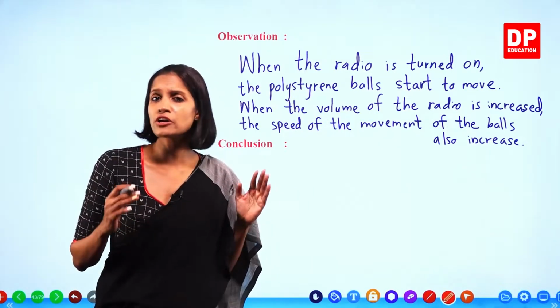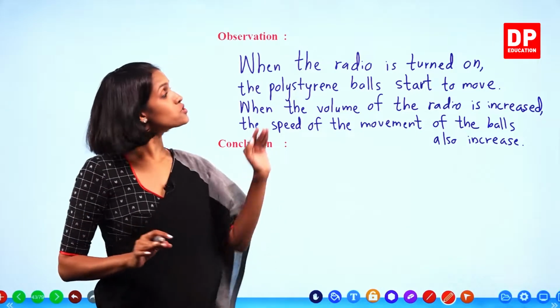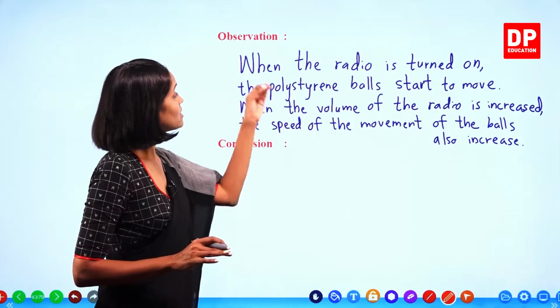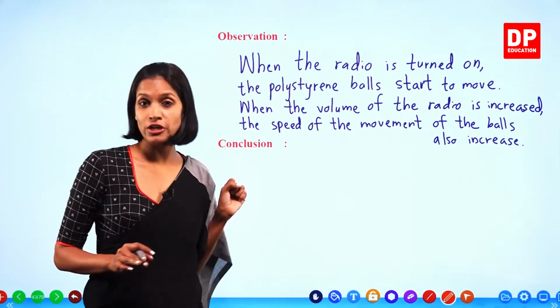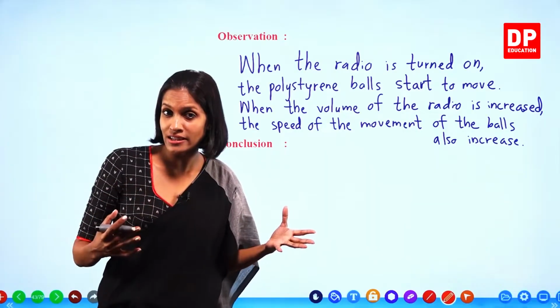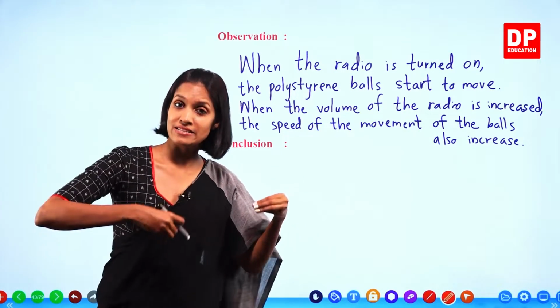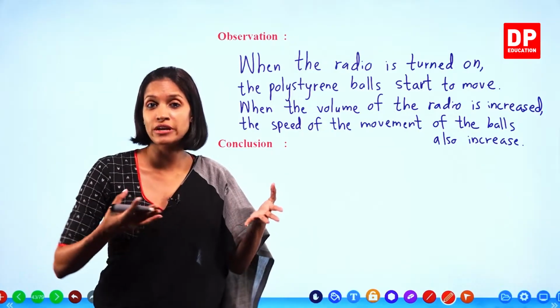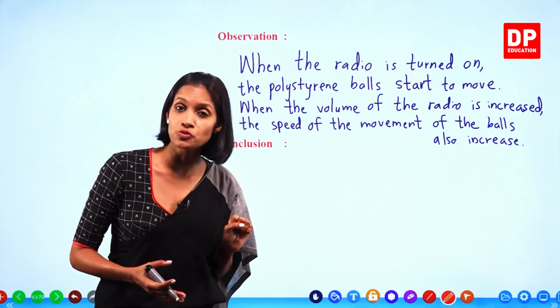To do work, what do we need, children? We need energy to do work. So here it's very clear the polystyrene balls move because of the sound produced. When sound was not there, did the polystyrene balls move, children? No. Only when electricity was supplied, sound produced, and only with the sound, the polystyrene balls started to move.